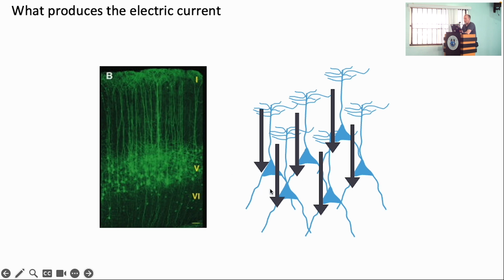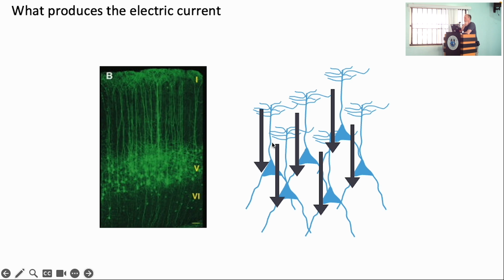If there's activity at the synapse, we get a postsynaptic potential in the neuron, which is either flowing towards or away from the soma, the cell body. Each of these neurons is therefore a small battery, with current flowing from the positive to the negative side, or from the negative to the positive side.